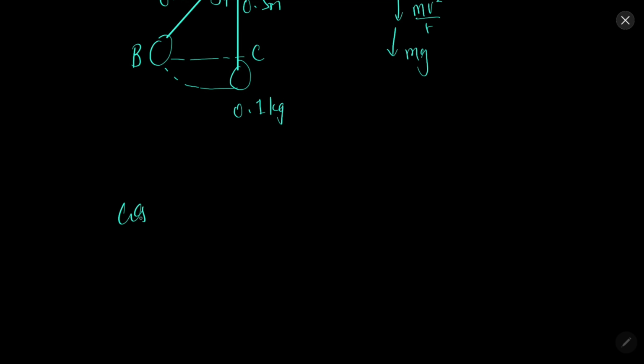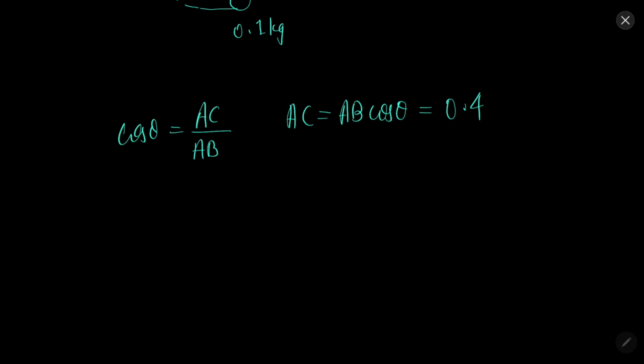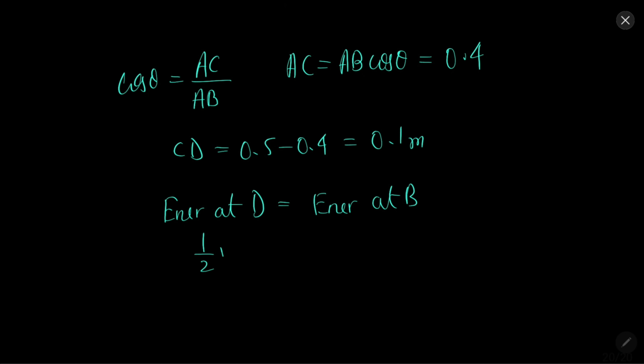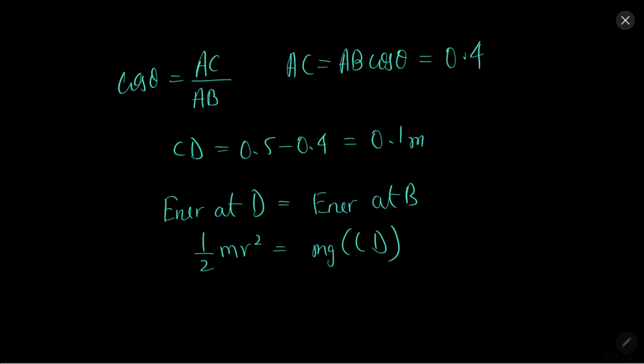So here cos theta is equal to AC over AB. AC is equal to AB cos theta, so it will give us 0.4, and CD equals 0.5 minus 0.4 equals 0.1 meters. Energy at D equals energy at B. So half mv square equals mg into CD.